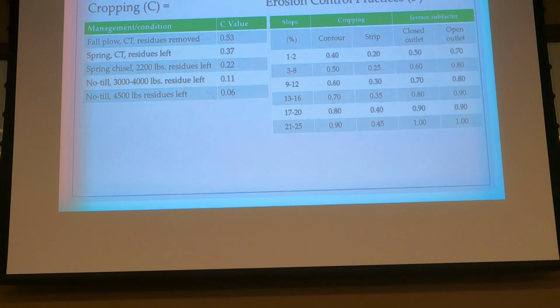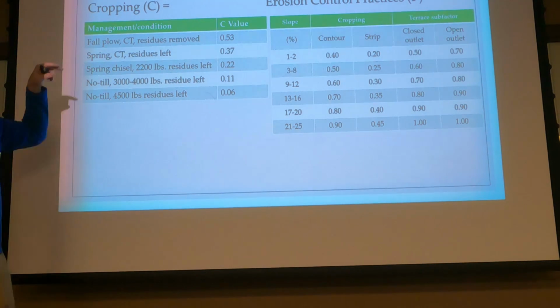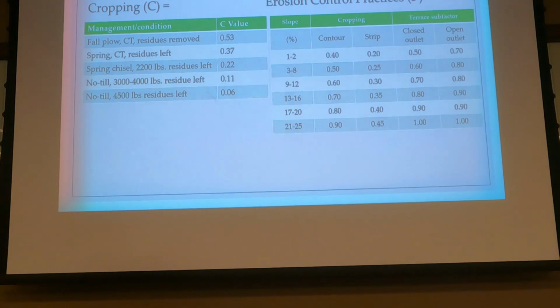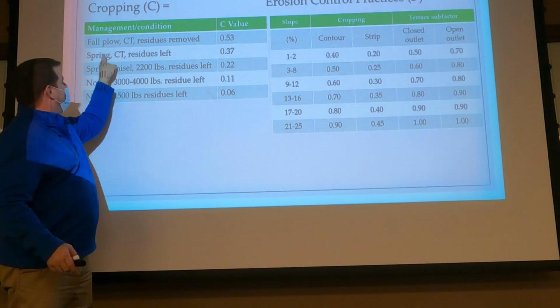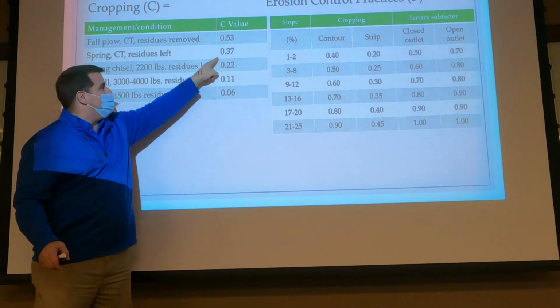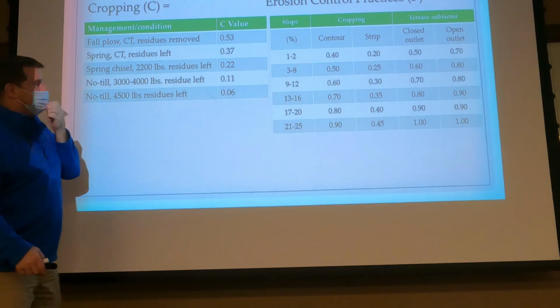I don't know if it's CONT. So we had spring till with the residues left, right? Yes. Okay, so our cropping factor is 0.37. For the video, spring conservation tillage with residues left, 0.37.